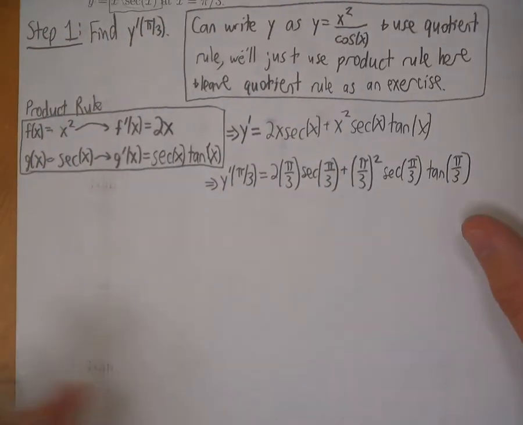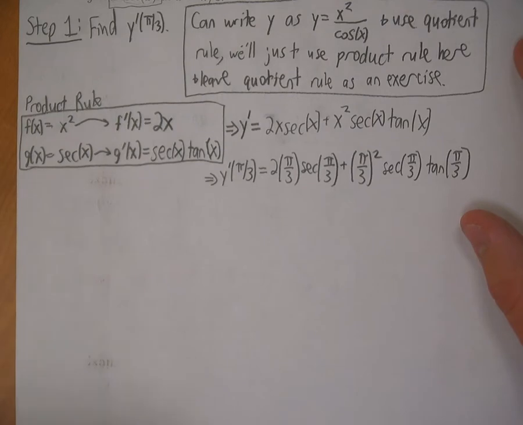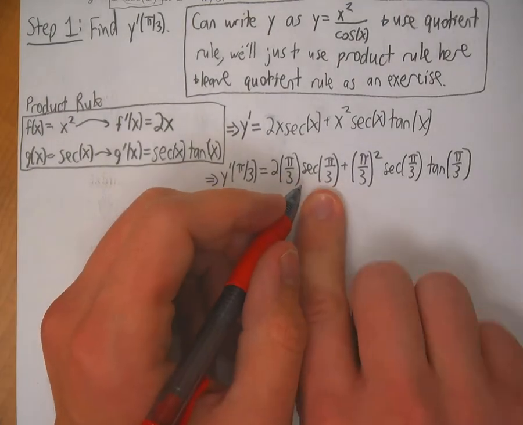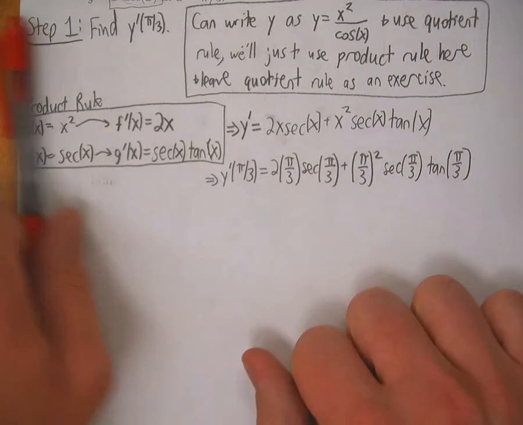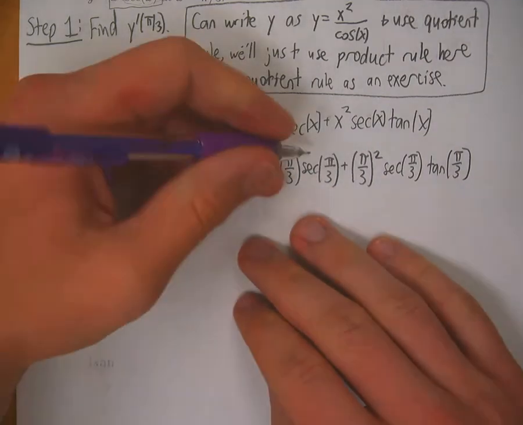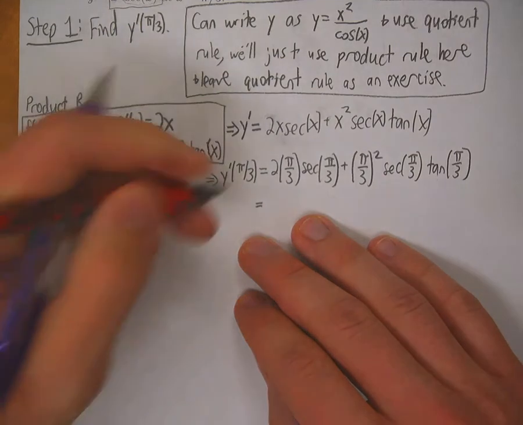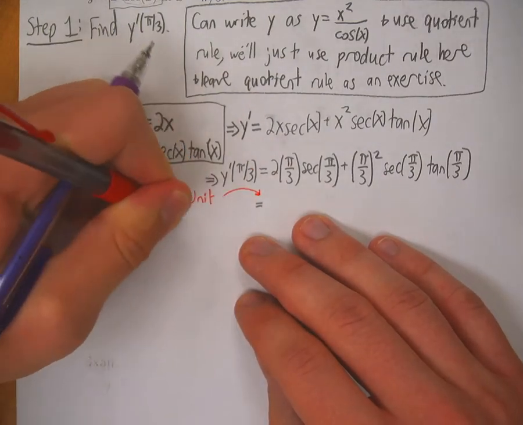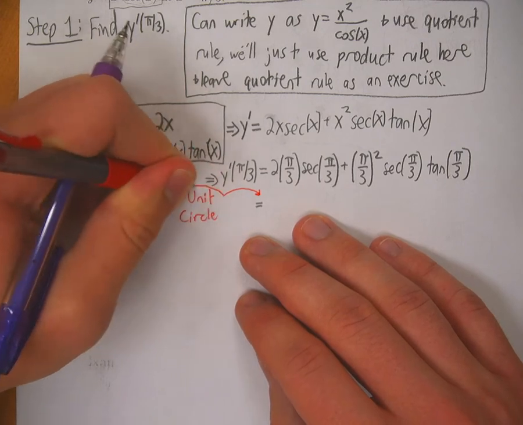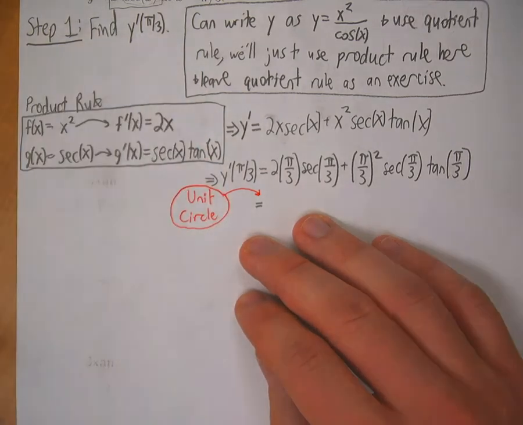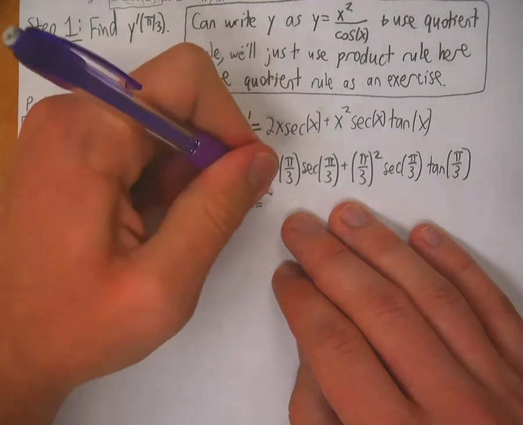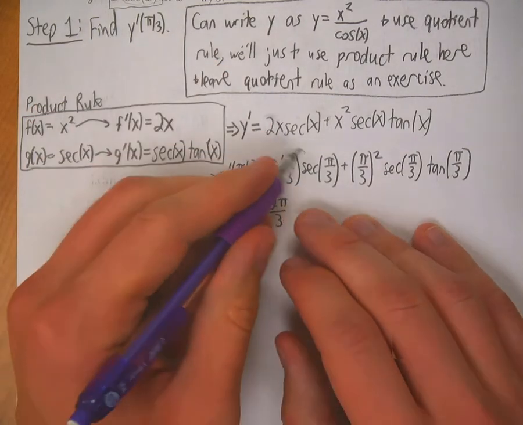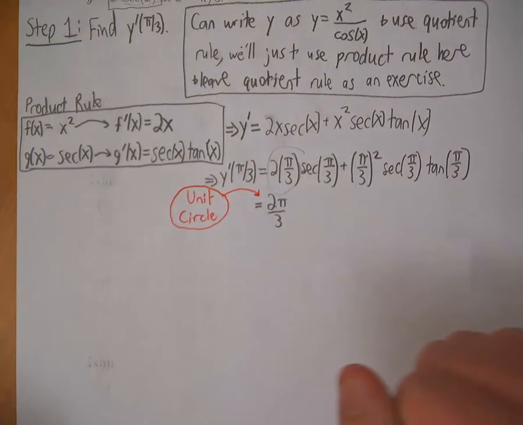Okay, so if we take a look at what we have here, you'll notice that we have to deal with secant and tangent of pi over 3. So we're going to need to harken back to our unit circle here. So we have 2 pi over 3, just from this, times secant of pi over 3, which equals what?